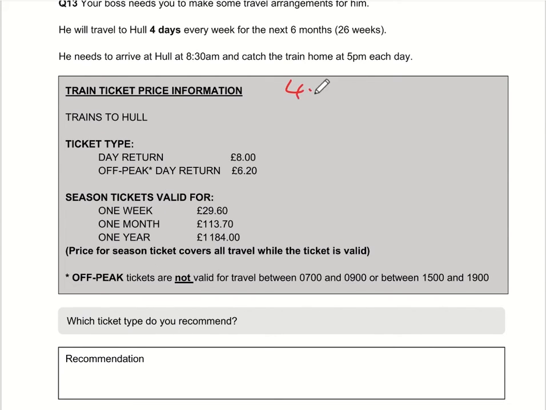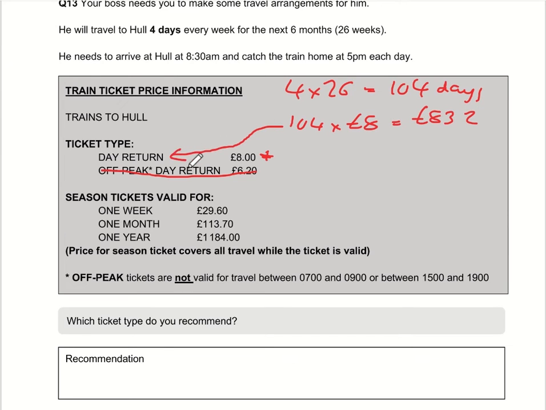So 4 times by 26, that is 104 days. So he could get the day return. He's definitely not travelling off peak, so we can forget that straight away. So the day return is £8. So 104 multiplied by £8, that comes to 832. So I'll just do an arrow to say that that is the day return.